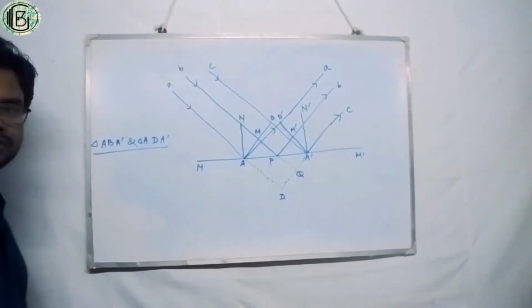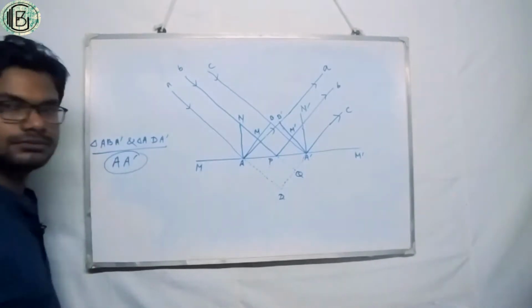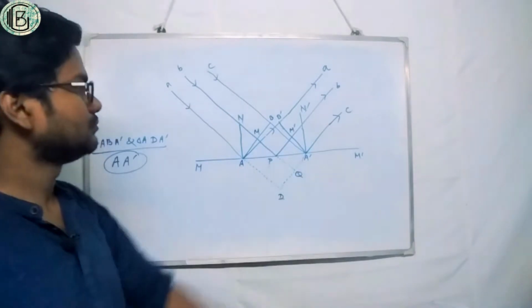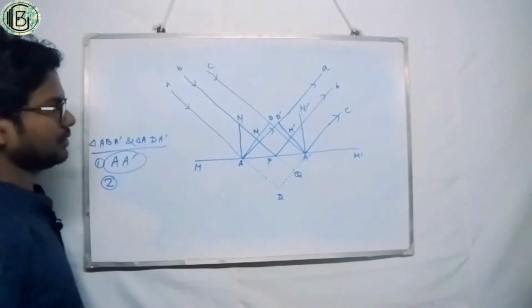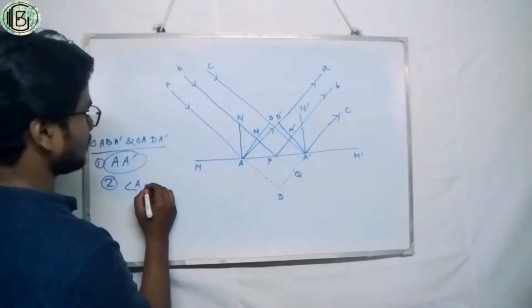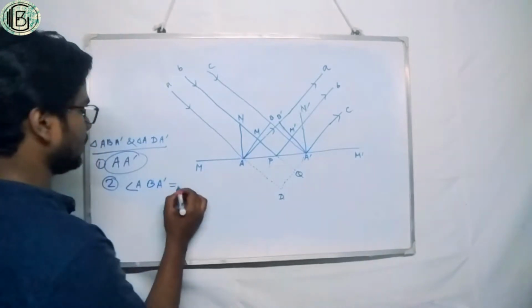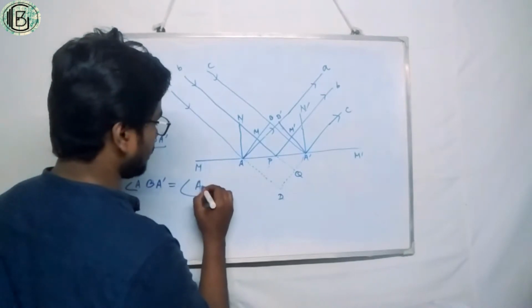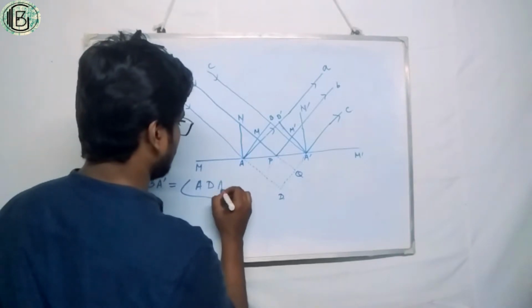Out of these two triangles, A A prime is the common arm, the first one. The second one is that angle A B A prime equals angle A D A prime.